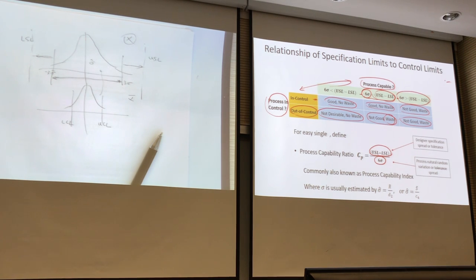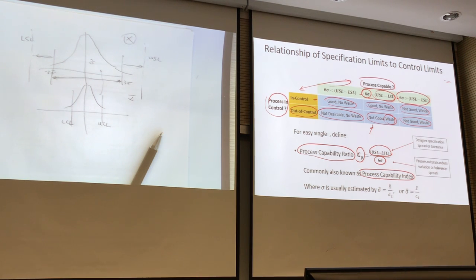A single number is very easy for managers to communicate. If you know a little about this, it's very easy for people to communicate, and you don't need to be a rocket scientist to understand it. So they form this simple ratio, called the process capability ratio or process capability index.